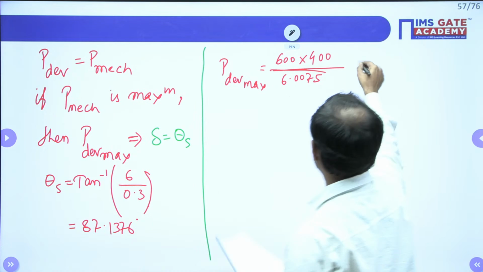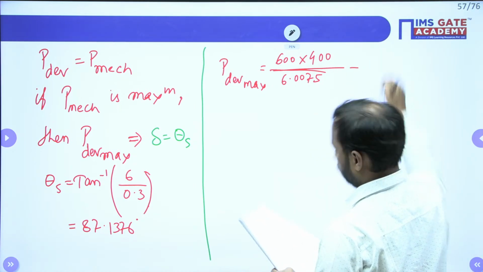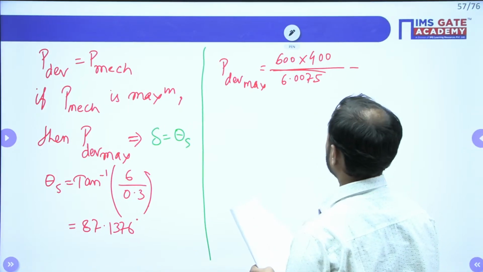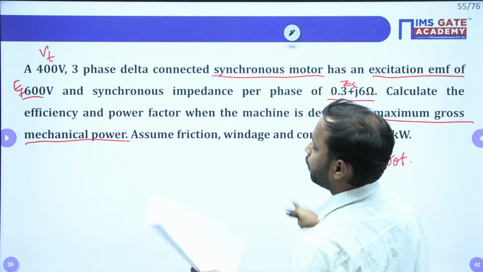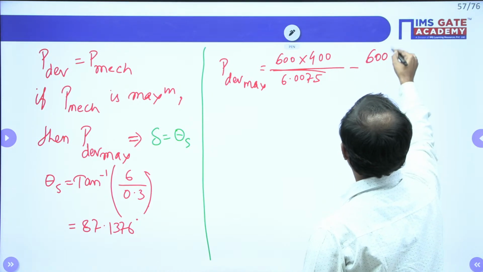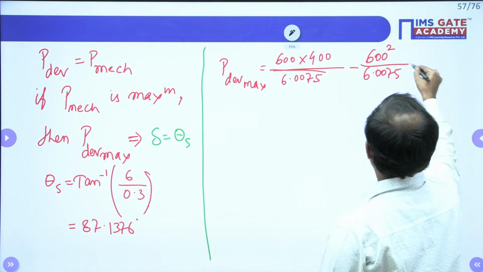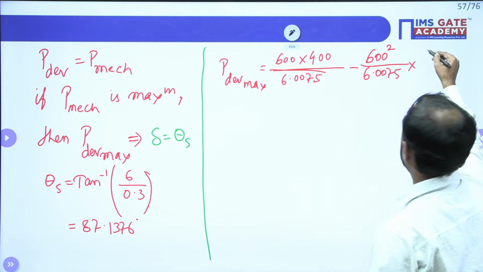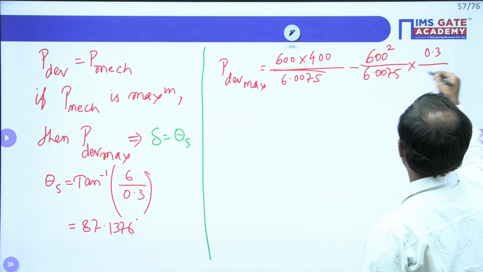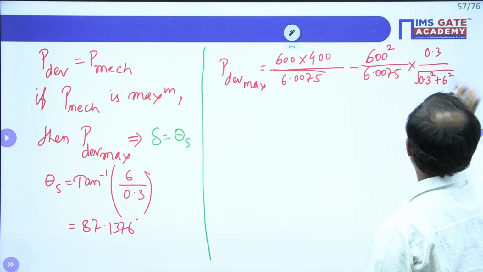And for the maximum, theta is equal to del s minus EF square. So EF is 400, I guess. Let me check. Sorry, EF is 600. So 600 square whole divided by 6.0075 into cos theta s. So resistance 0.3 divided by root over 0.3 square plus 6 square.